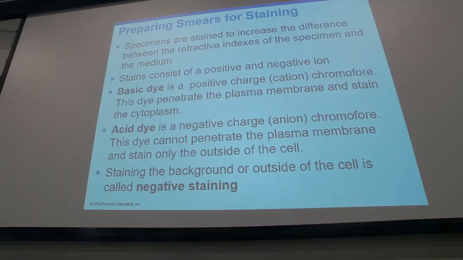Negative is repelled by negative, positive is repelled by positive, and positive is attracted to negative. So if you have a negatively charged dye, and the cytoplasm of your cell is negatively charged, it won't penetrate. So an acidic or negatively charged dye will stain the surroundings of the cell.